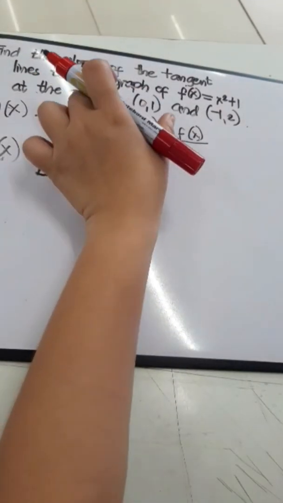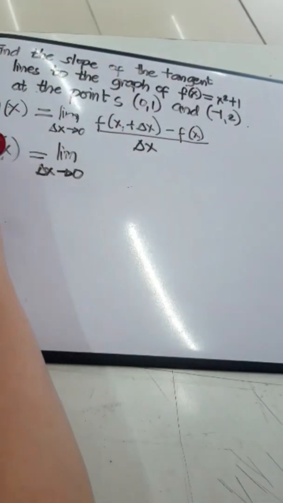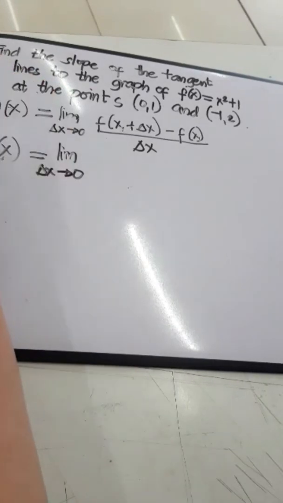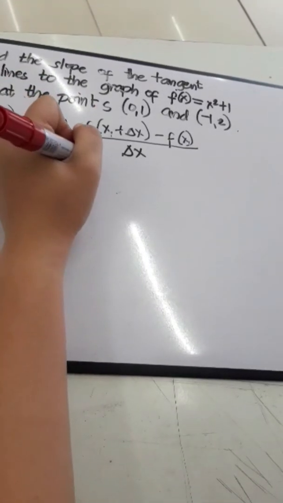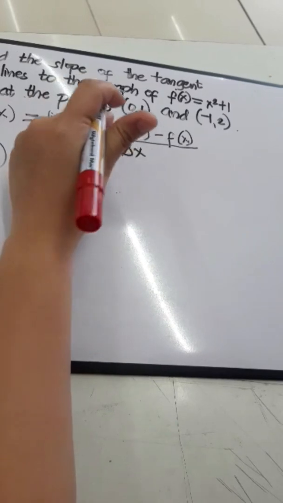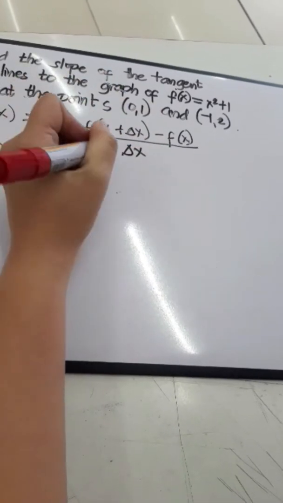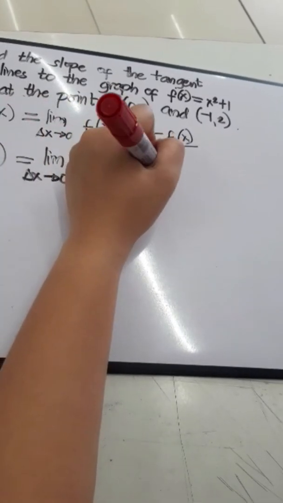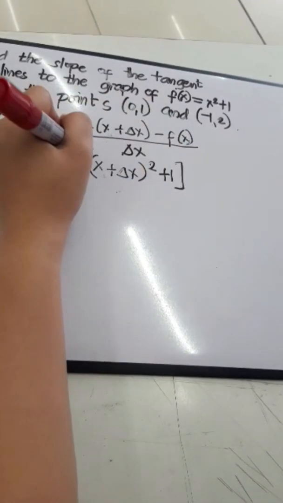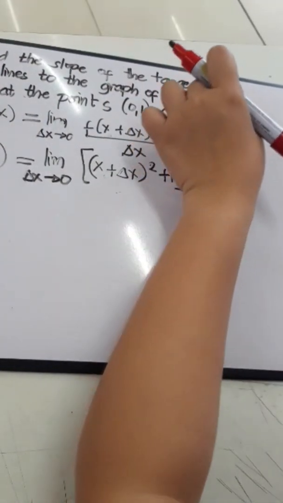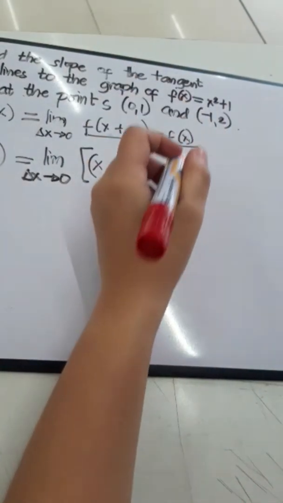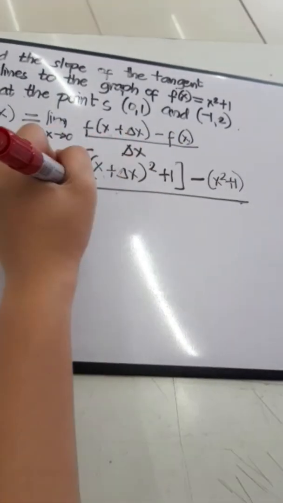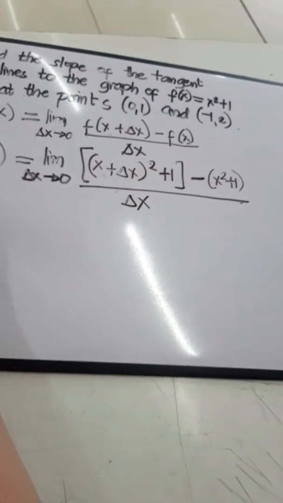So, our f of x plus delta x is x plus delta x squared plus 1, minus our function f of x, x squared plus 1, all over delta x.